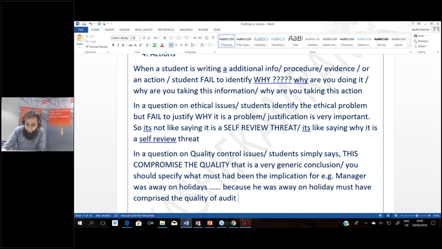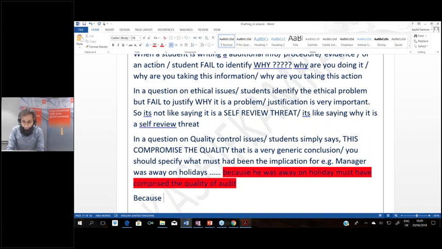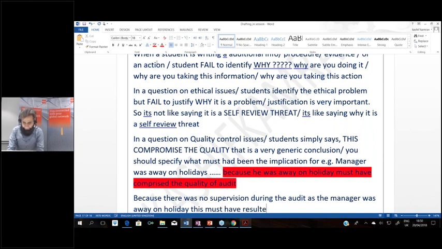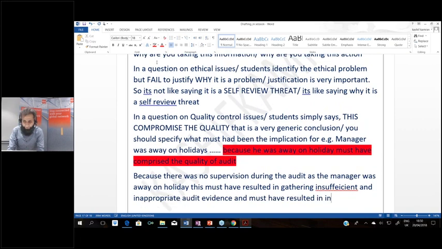The good answer would be, I would say because there was no supervision during the audit, as the manager was away on holidays, this must have resulted in gathering insufficient and inappropriate audit evidence, and must have resulted in ignorance of key aspects of audit, which must have compromised the quality.